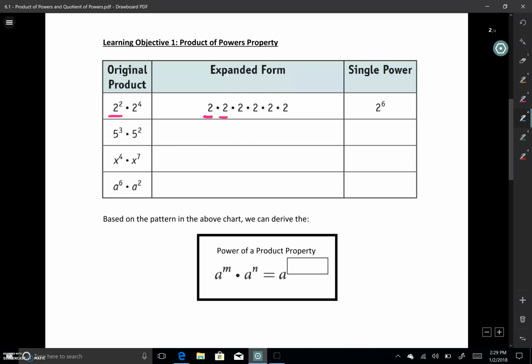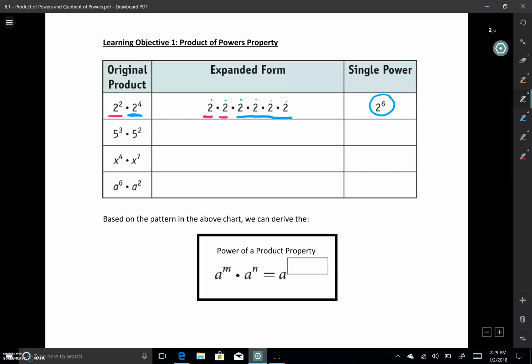I'm multiplying that by 2 to the 4th. That's here. So that means 2 times itself 4 times, and I have that 1, 2, 3, 4 times there. If I look at these all together, I really have 2 times itself 1, 2, 3, 4, 5, 6 times. And that's where I get this answer here, 2 to the 6th.